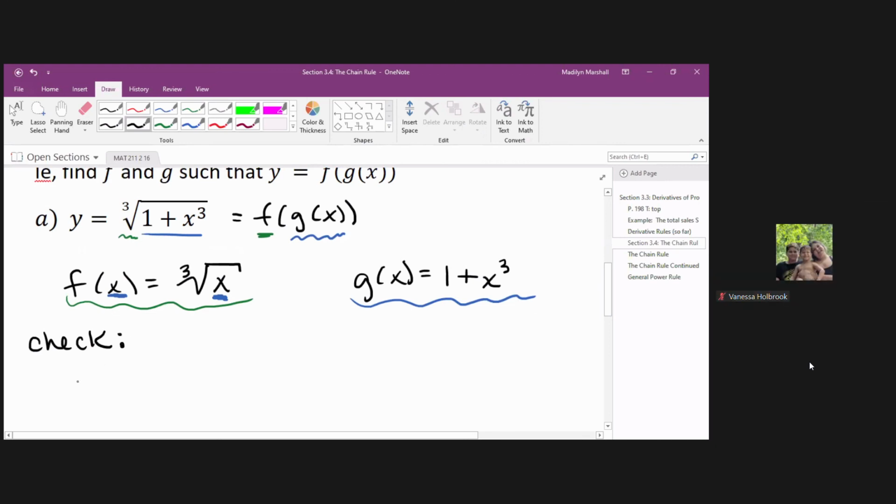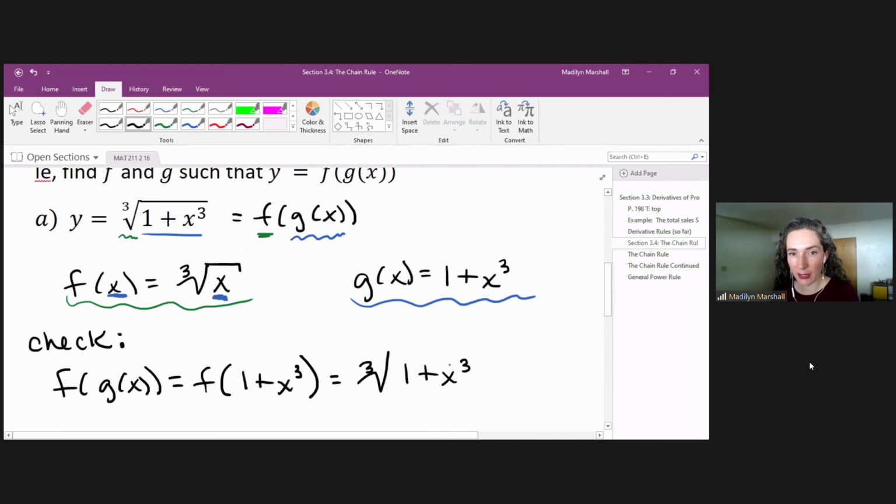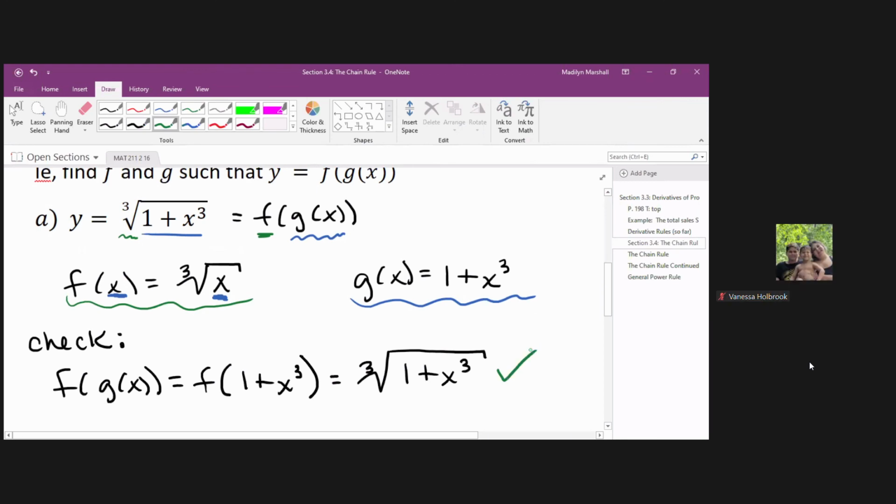We can check by taking the f and g we just found and doing the composition. g is 1 plus x cubed, and if we put 1 plus x cubed into f, f is the cube root of whatever we're plugging into it. That worked. We got back to what we started with. Okay. Thank you.